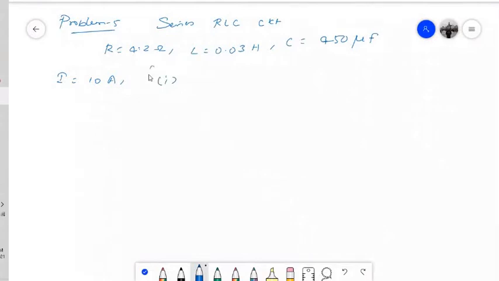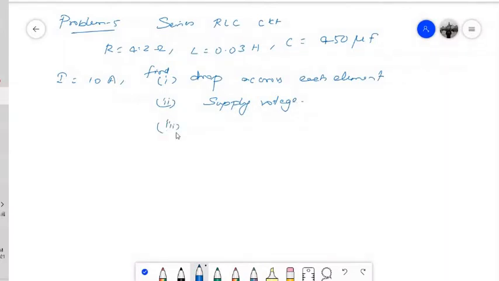So you are asked to find the drop across each element. Second thing, you need to find the supply voltage, and you need to find the power factor angle, so draw the vector diagram.